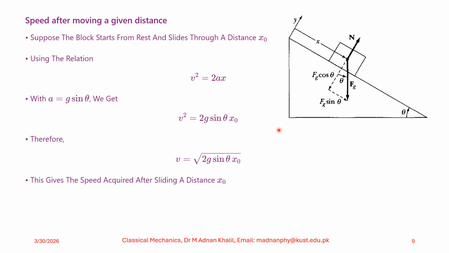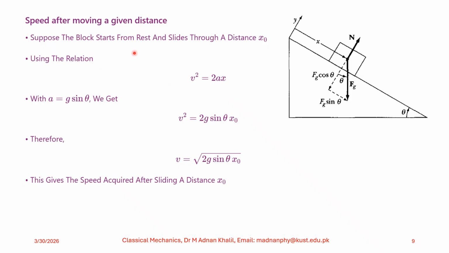If you want to calculate the speed of this object after covering a distance, say x naught, by sliding down the inclined plane, we use the relation 2ax equals vf squared minus vi squared.